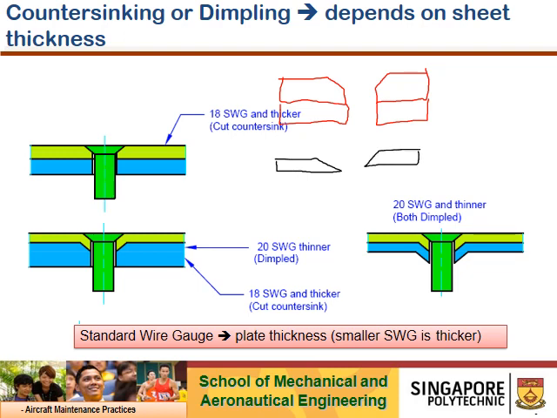But if the material is too thin, let me change the ink color. Let's say I use black. If the material is too thin, when you countersink you will actually create a sharp corner here.